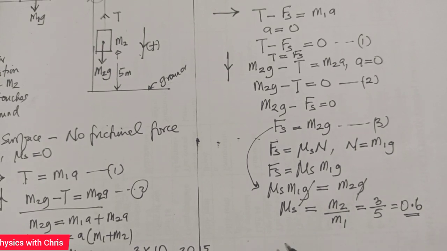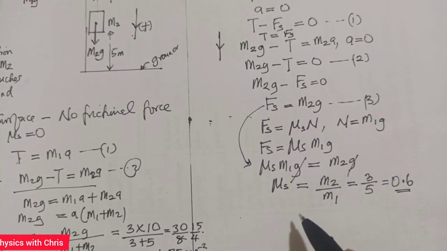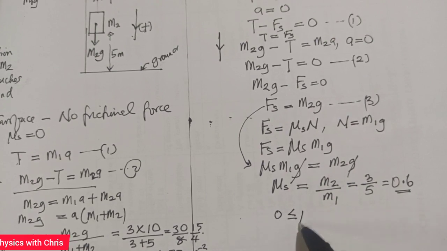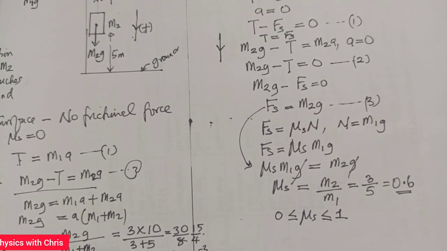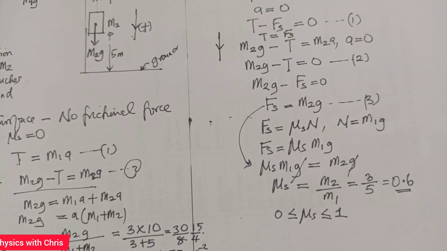The range of values of the coefficient of friction is between 0 and 1, which means that a coefficient of 1 describes a perfectly rough surface, and a coefficient of 0 describes a perfectly smooth surface. So the value ranges from 0 to 1. If that must be so, it means that the mass of block M2 must be less than M1.